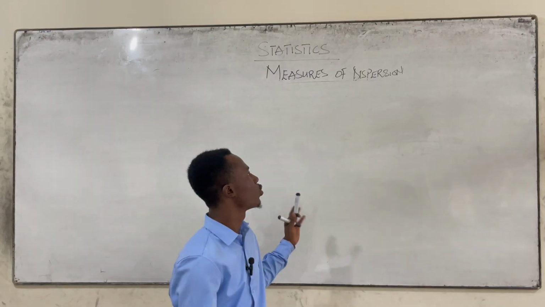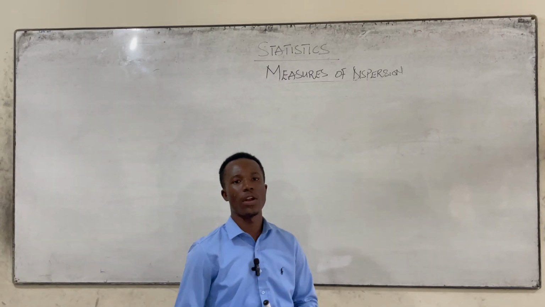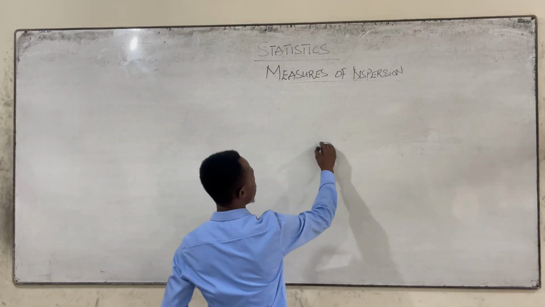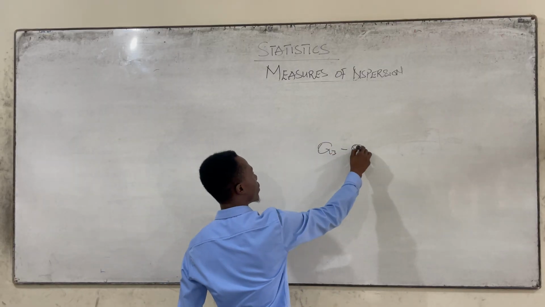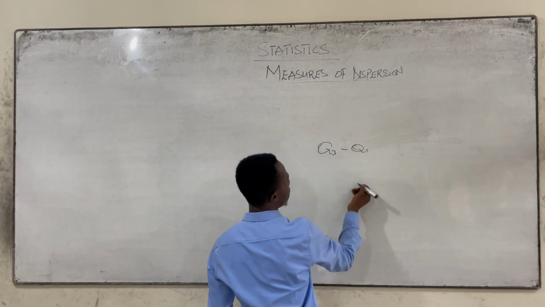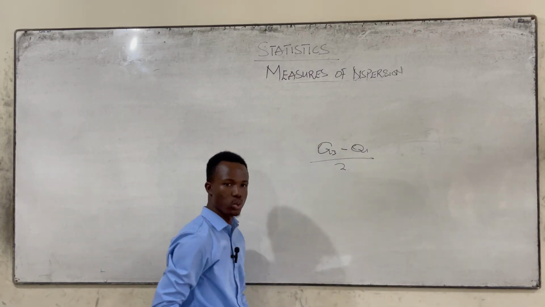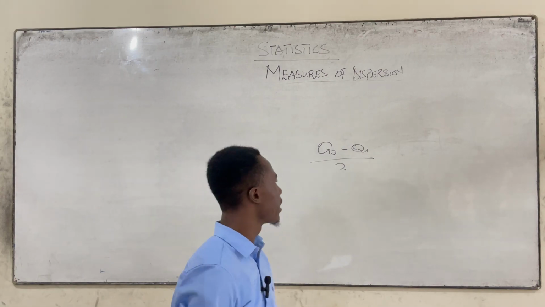Now let's look at how to calculate interquartile range and semi-interquartile range. We know the interquartile range is Q3 minus Q1, and the semi-interquartile range is when you divide your result by 2. Let's pick an example.